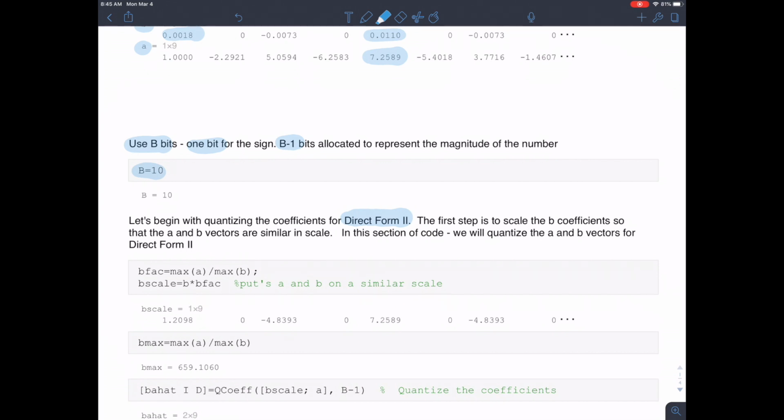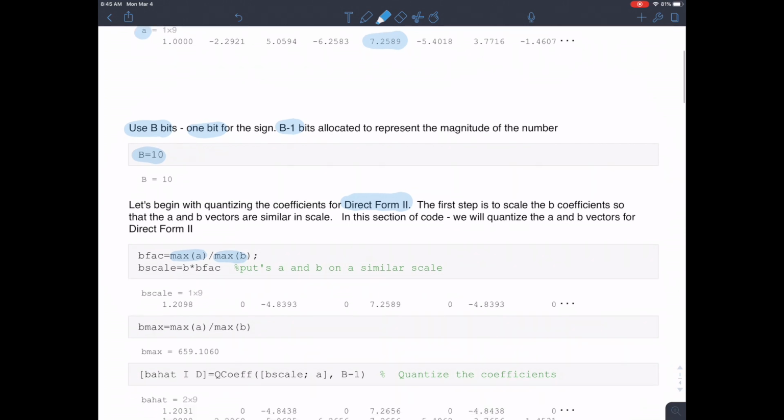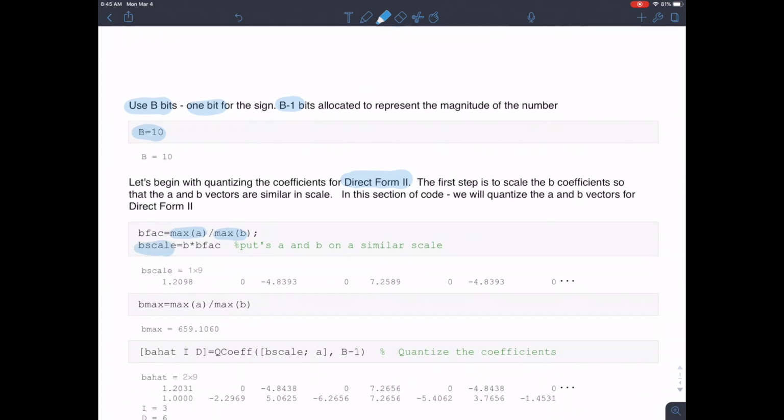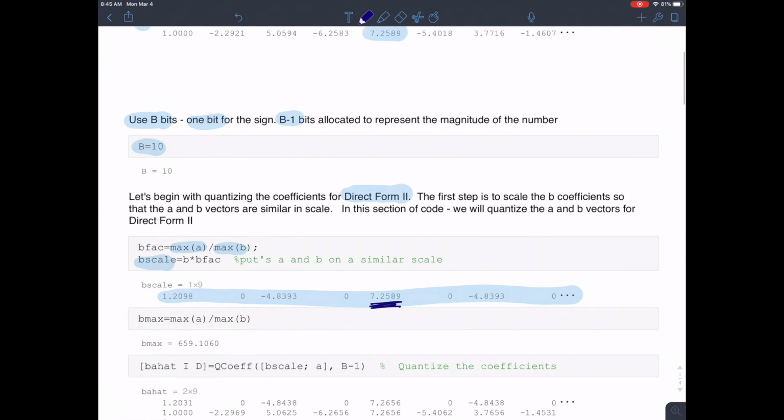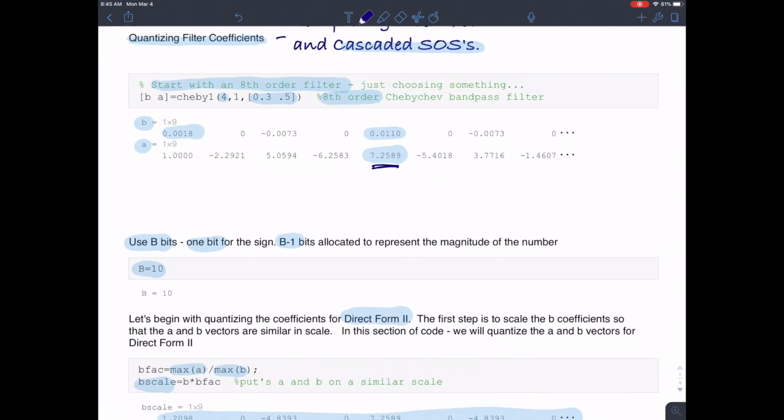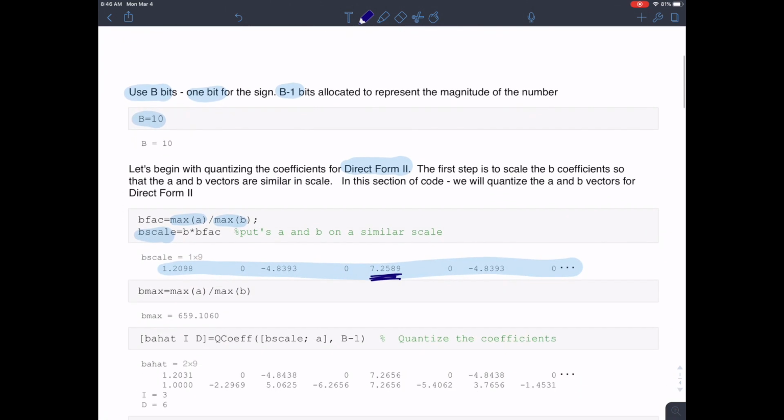I first take the B vector and divide by the max of B, then multiply by the max of A, and then we'll put the A's and B's on a similar scale. I've scaled the B vector, and these are the new B's. What you want to notice here is that the maximum B is exactly the same as the maximum A. So clearly they're on the same scale at this point.